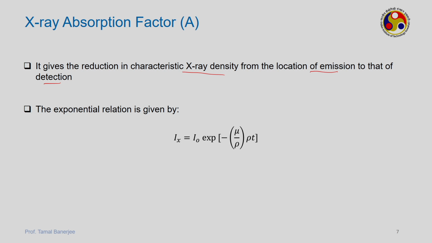There is an expression given as the relation: the amount coming out is equal to the incident beam times the exponential of minus mu over rho times rho t, where rho is the density of the specimen. So, the characteristic X-ray coming out of the sample is exponentially related to the negative of the absorption coefficient mu to the density of the sample. This is how it exponentially decreases.